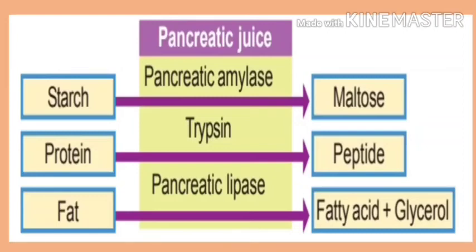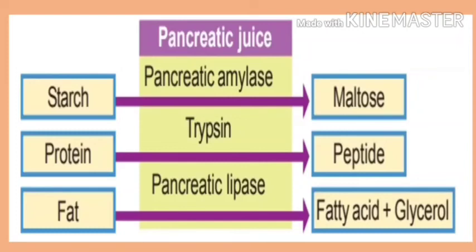Then the third part we discussed is the initial part of the small intestine, that is the duodenum. Two organs help in digestion. One is the liver and the other one is the pancreas. Liver secretes bile. Bile breaks down fat into simpler molecules.